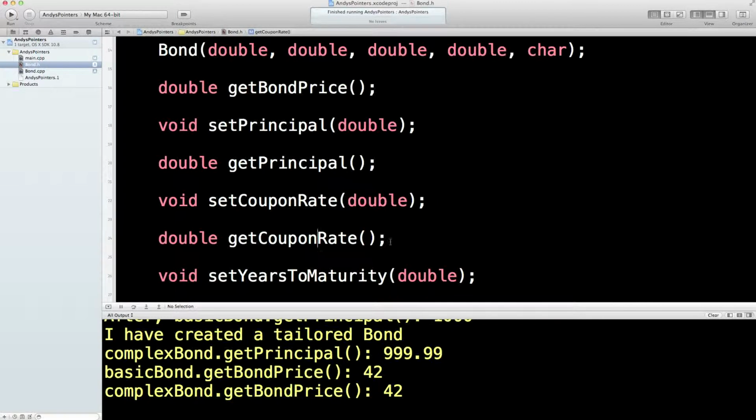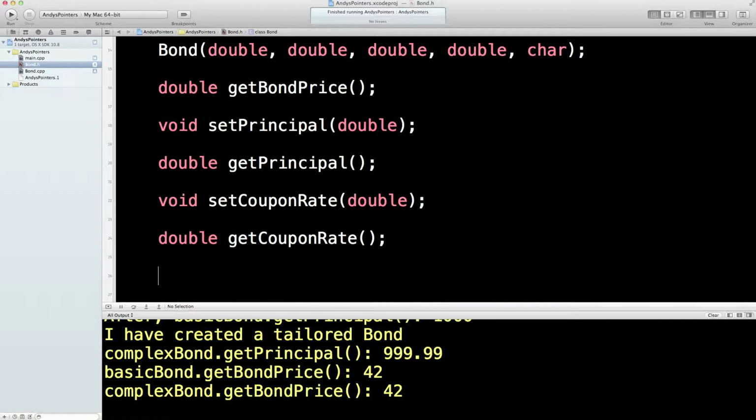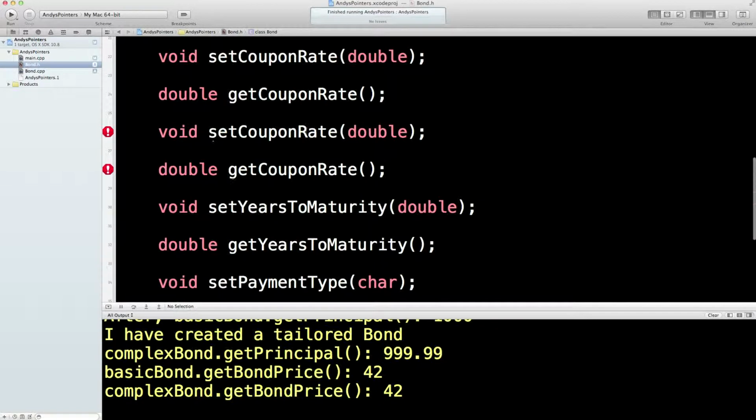That's going to be the fixed coupon rate, pair of getters and setters, and I'll need a corresponding pair of market rate getters and setters. Okay, I think we're okay so far.